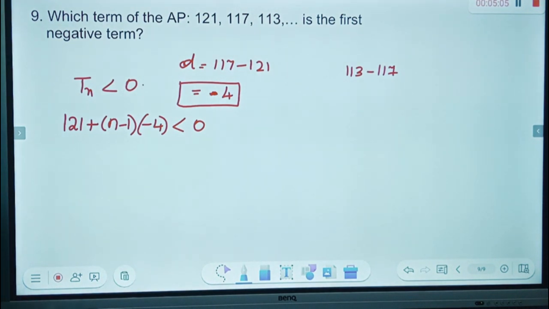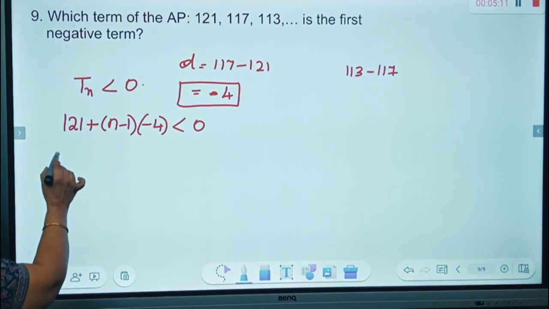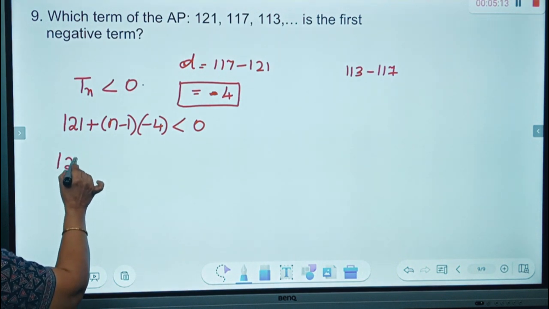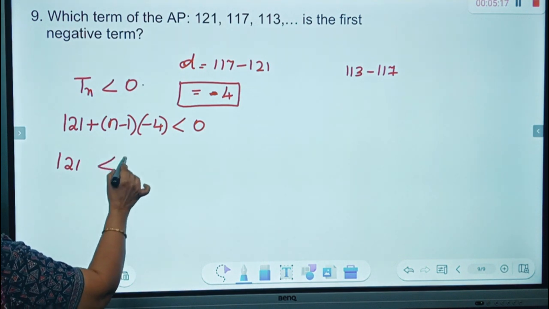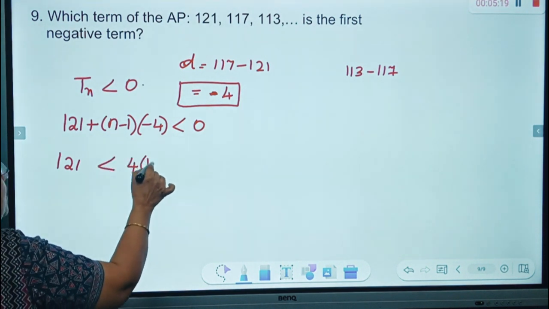D is minus 4. So, for what value of n, or which term of the AP, is the first negative term? That is, 121 is less than 4 times (n minus 1).